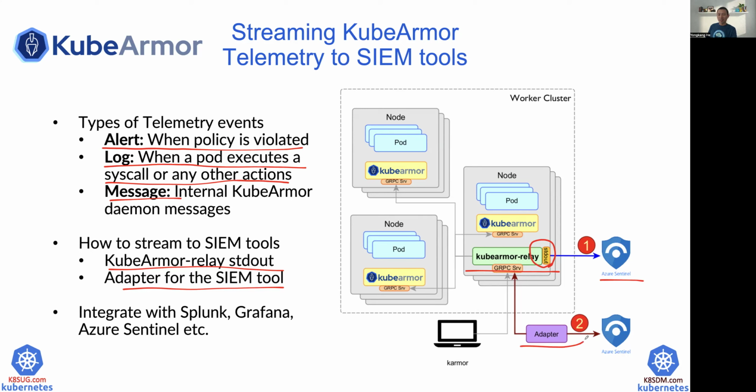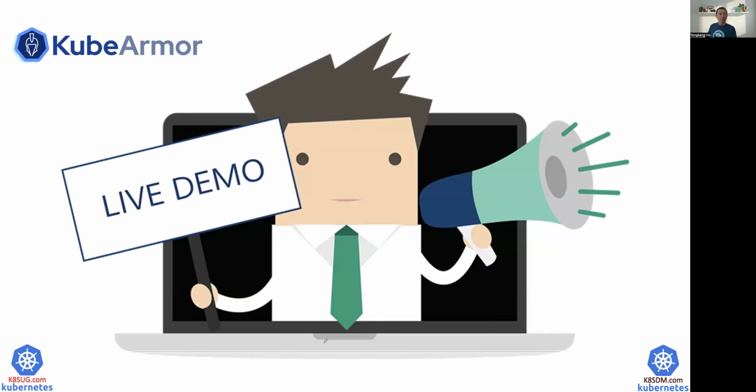Or you can create an adapter to connect to Azure Sentinel. But it's not limited to Azure Sentinel. It can be integrated with Splunk, Grafana, etc. That's just an example of how you can integrate with third-party SIEM tools for alerts, notifications, etc.